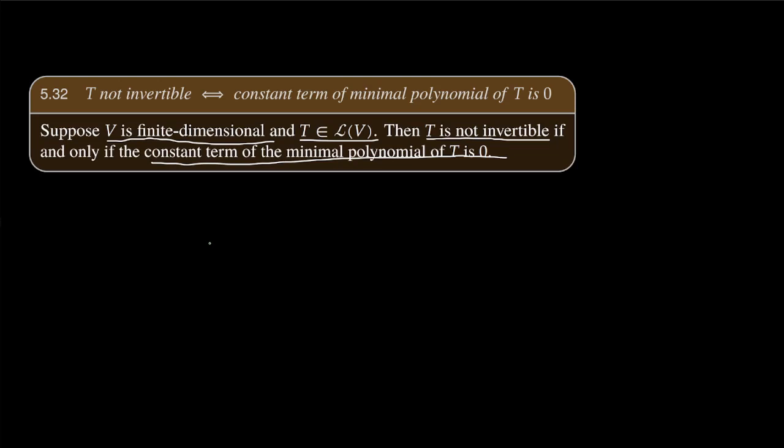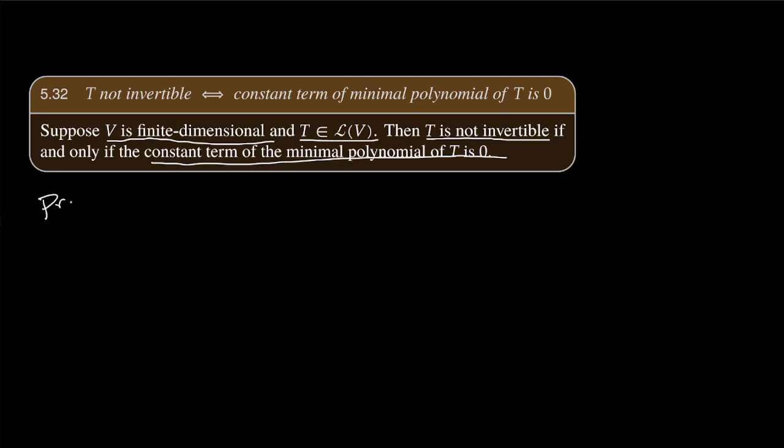Do you remember anything from regular old linear algebra where having something non-zero implied invertibility? Maybe something that determined invertibility? Maybe something like the determinant? Perhaps there's some connection between the constant term of the minimal polynomial and our old friend the determinant, which we have not yet talked about. So, kind of interesting. We'll get back to that pretty soon.